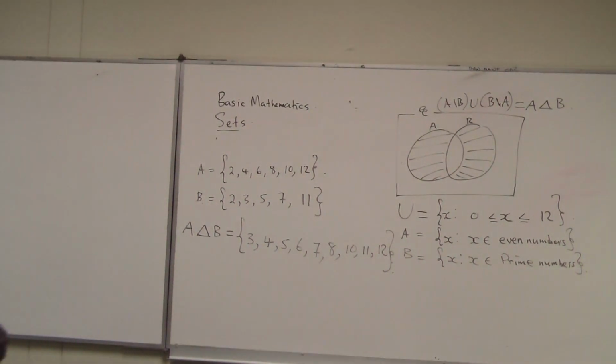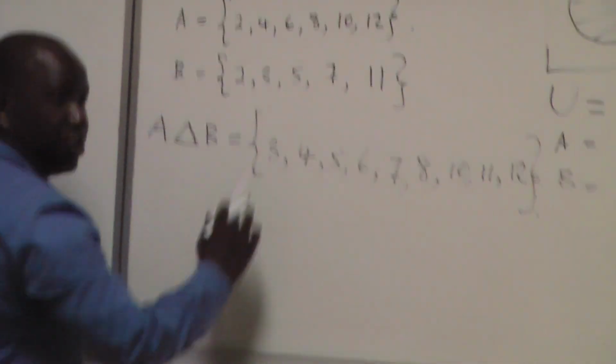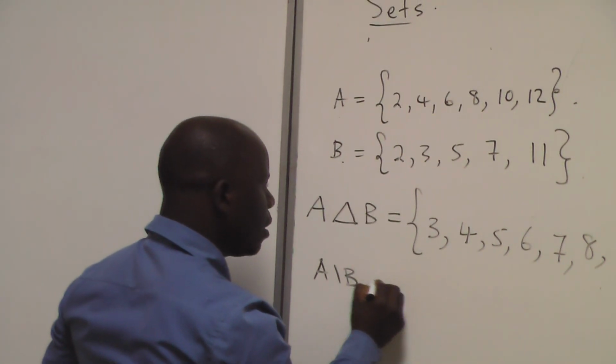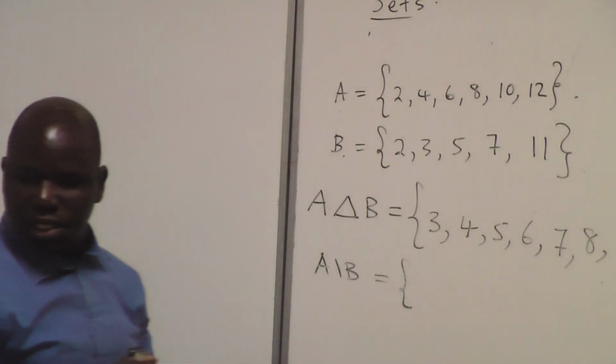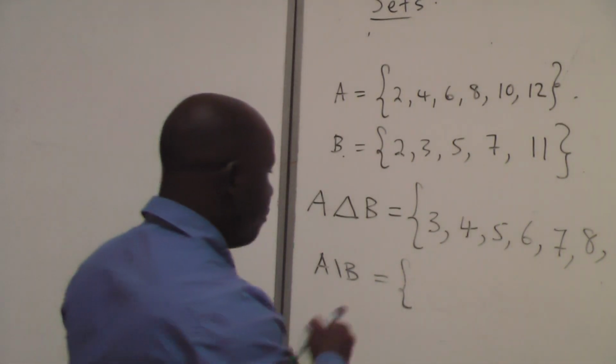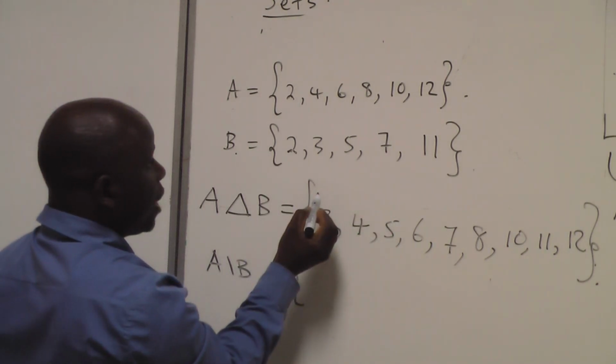What is A difference B? Just to verify, but of course we are going to get that. A difference B, all elements in A but not in B. All elements in A but not in B. What are the elements in A which are not in B?